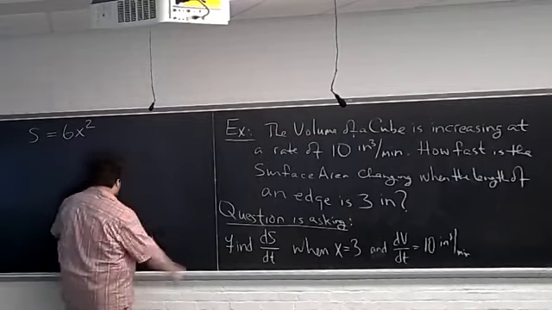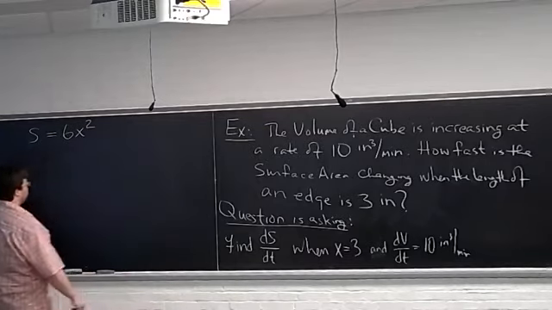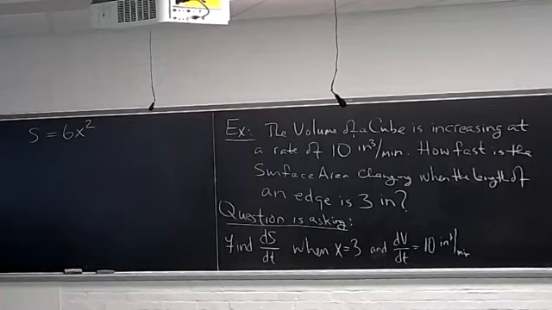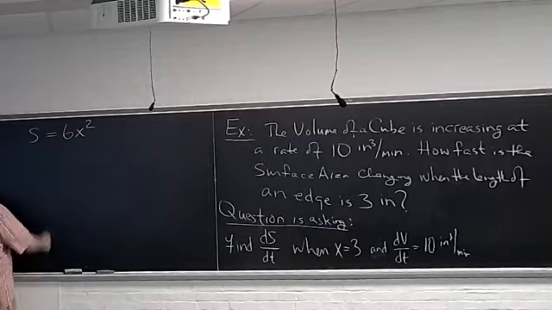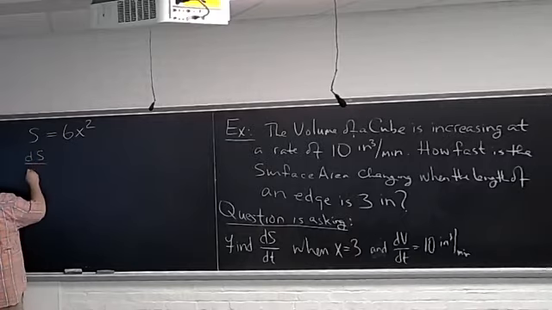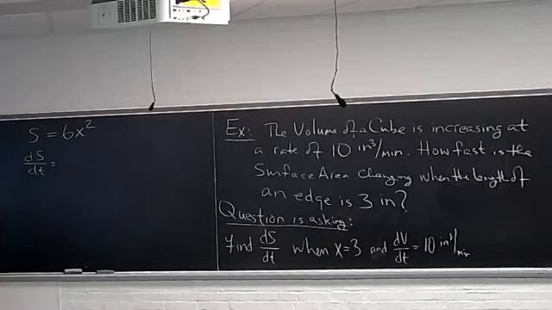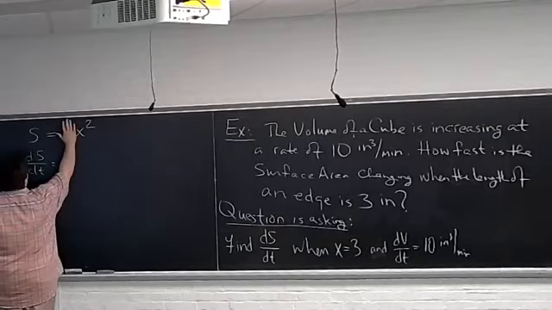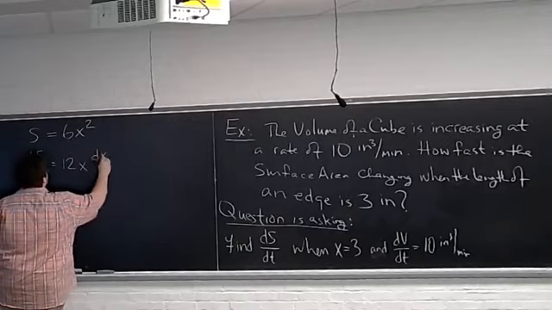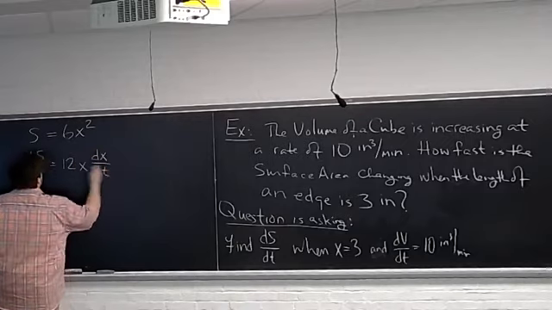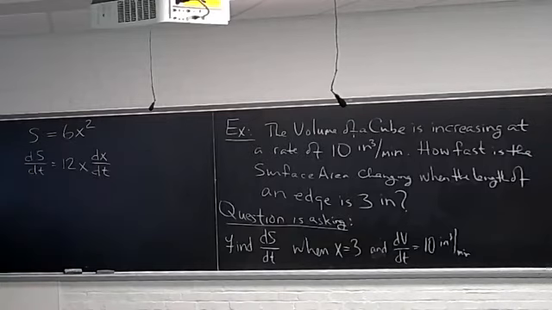Okay, so let's differentiate with respect to time. The surface area, if the volume is changing, then the surface area is certainly changing. And the edge length is changing. So S and x are functions of time. Differentiate. Derivative of S with respect to time is dS/dt. Derivative on the other side, we have a 2x to the first, and then apply chain rule, multiplied by the derivative of x with respect to time.